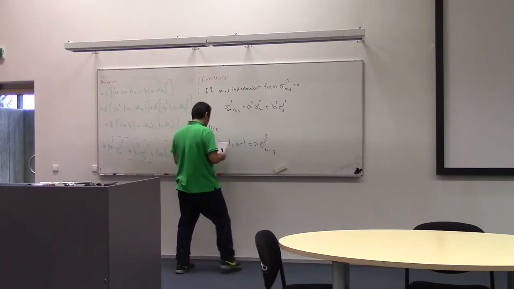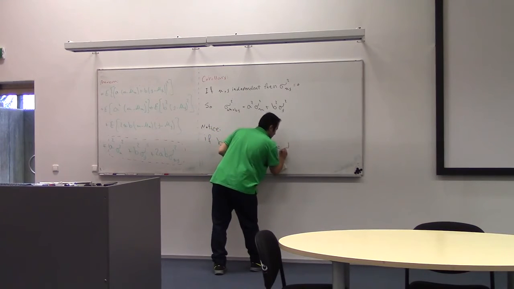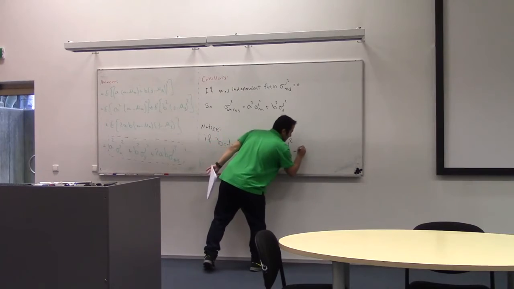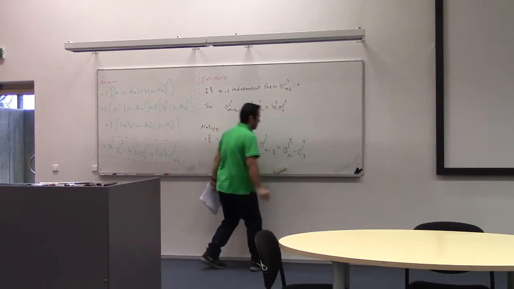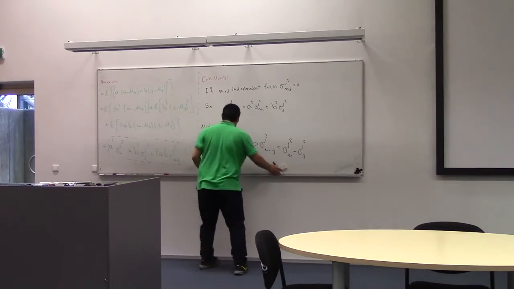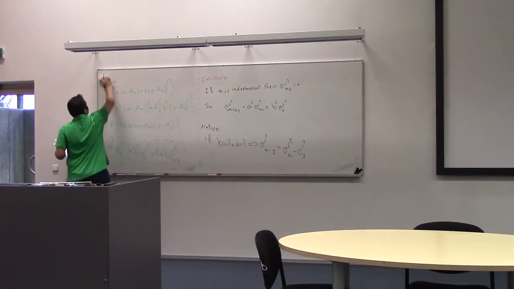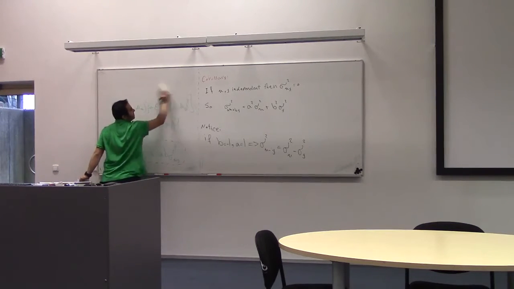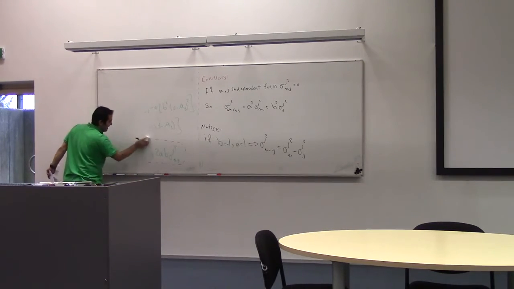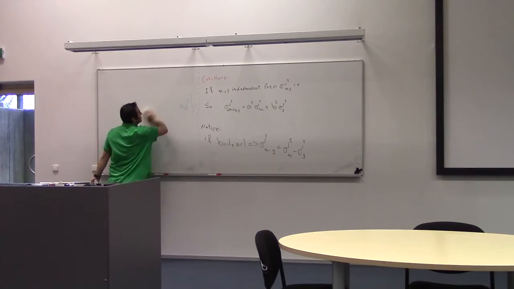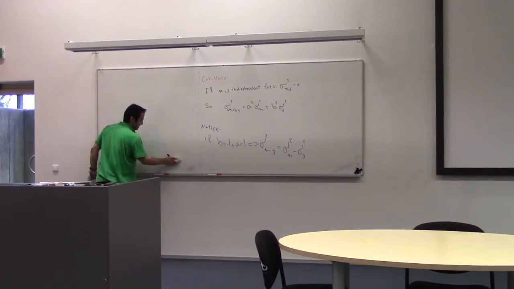Then we have σ²_X plus σ²_Y. And the last one is like this.